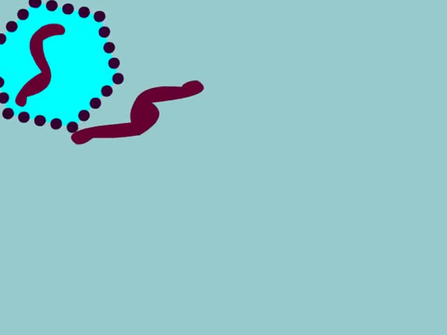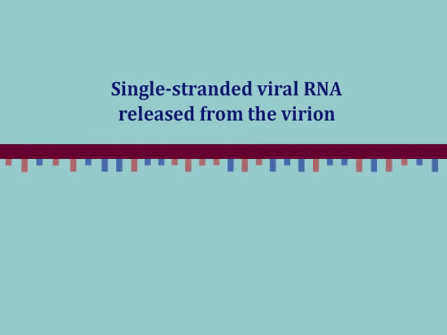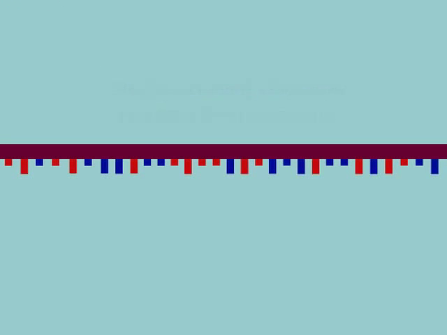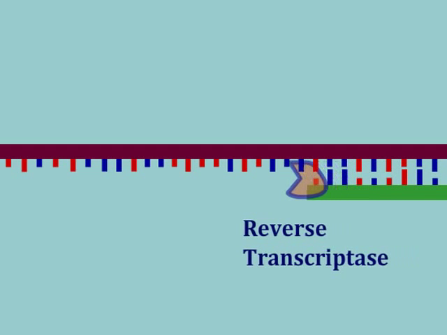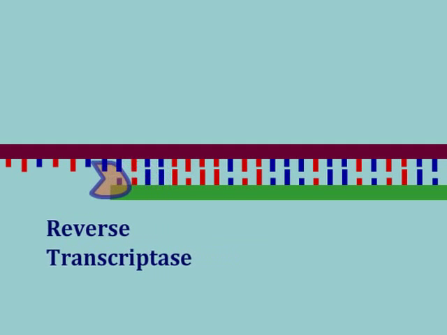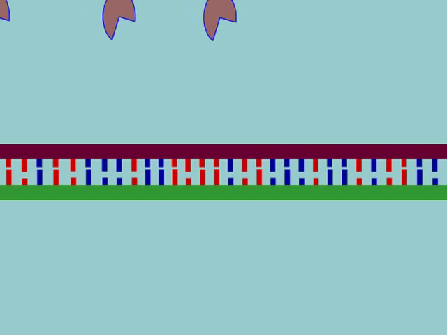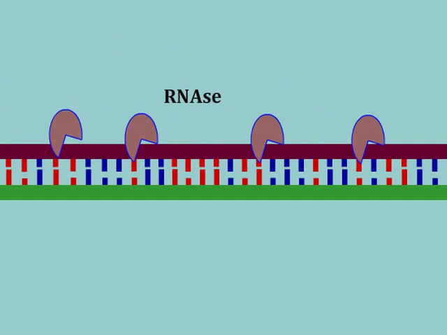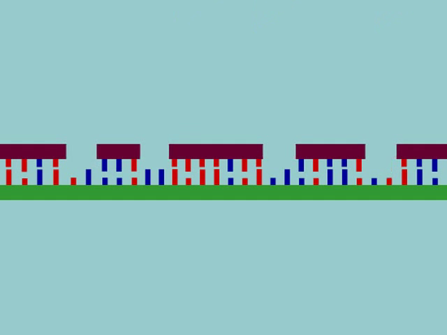First, the viral RNA is released from the virion. Then, a complementary DNA strand is synthesized from the viral RNA using purified reverse transcriptase, just as it does in natural HIV replication. In some protocols, a specialized RNase enzyme is then added to nick the RNA and allow it to be degraded.